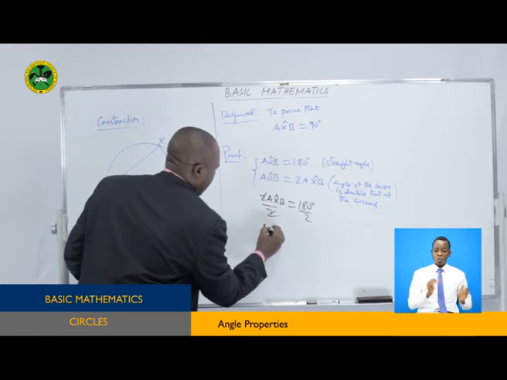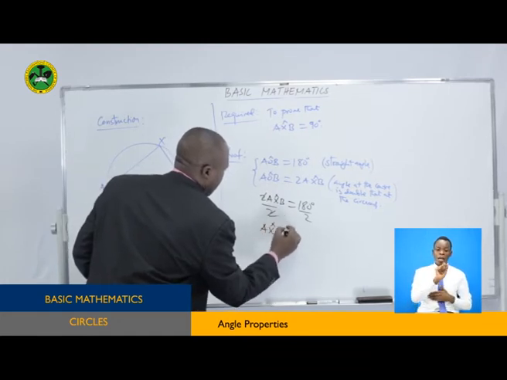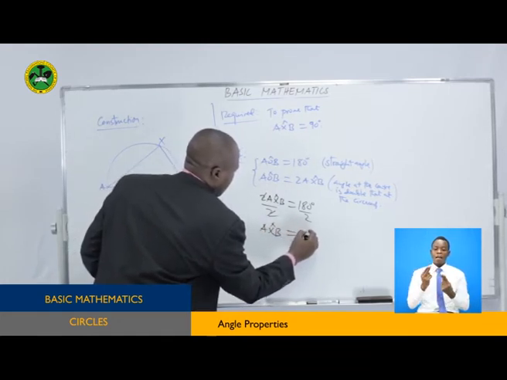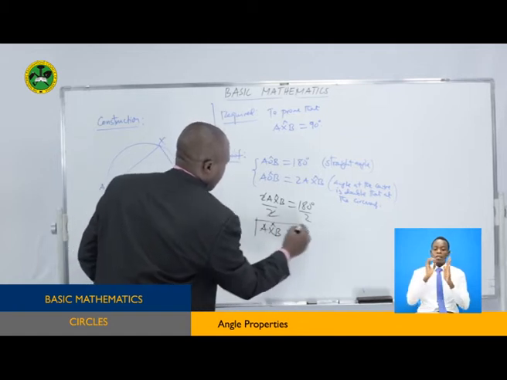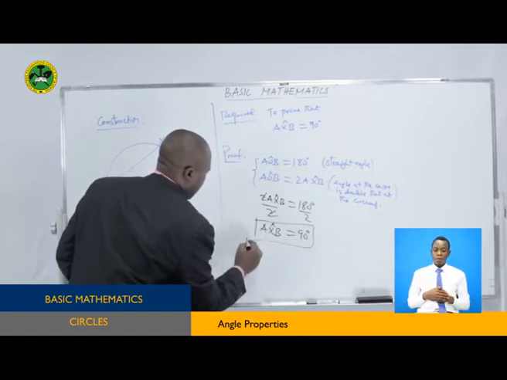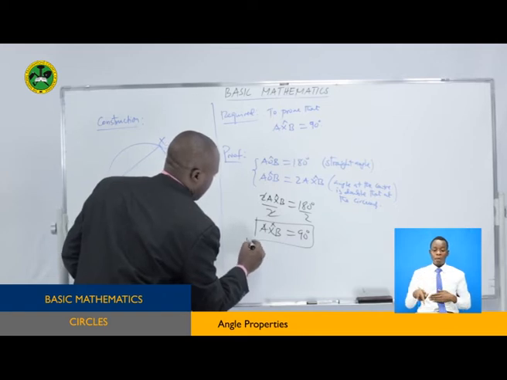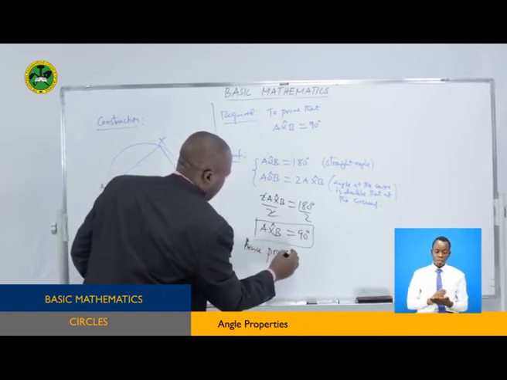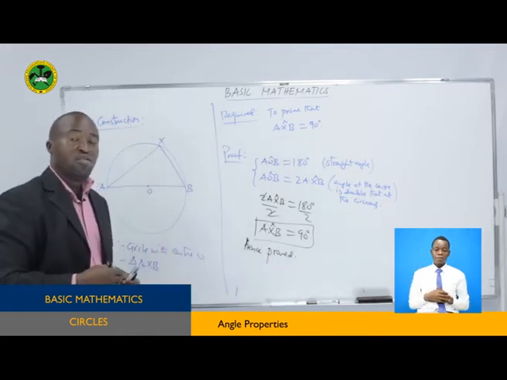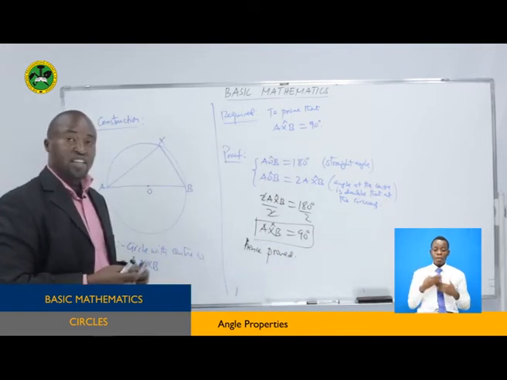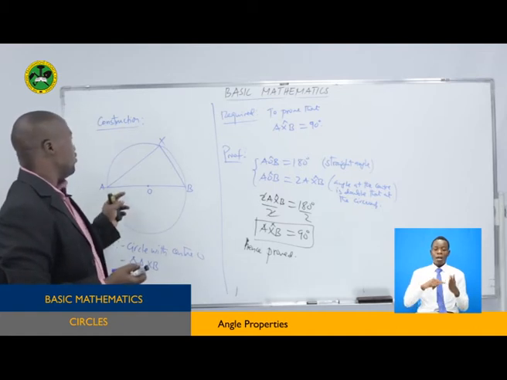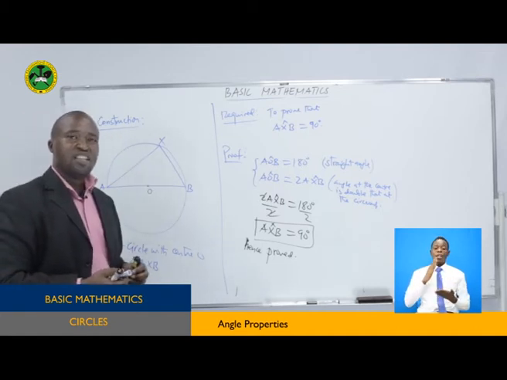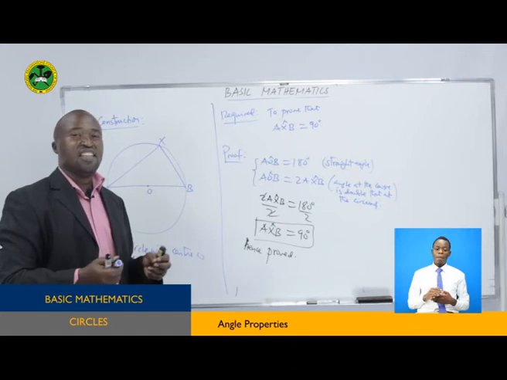So we have AXB is equal to 90 degrees. So in this case, we say hence proved. Now according to this theorem, it is true that angle formed in the semicircle is equal to 90 degrees. It is a right angle.